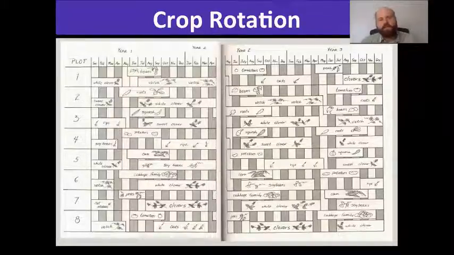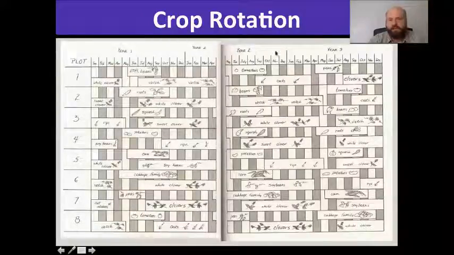But one of the things that's cool about the way he's done this is he also has 8 zones here. And then he's got his years listed across the top. And you could actually imagine a really nice Excel sheet where you could do something really easily like that, right? And what's cool about it is we're going to be talking about cover crops here in a few minutes.